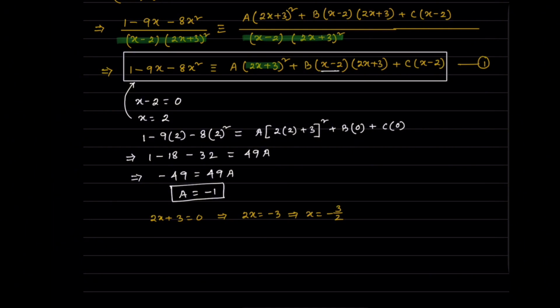And then we put this x value, x equals minus 3 by 2, in the main equation.